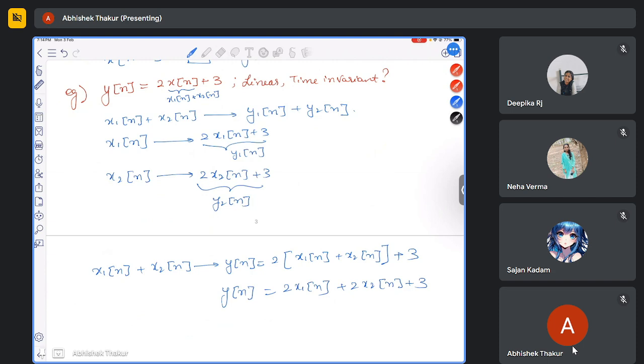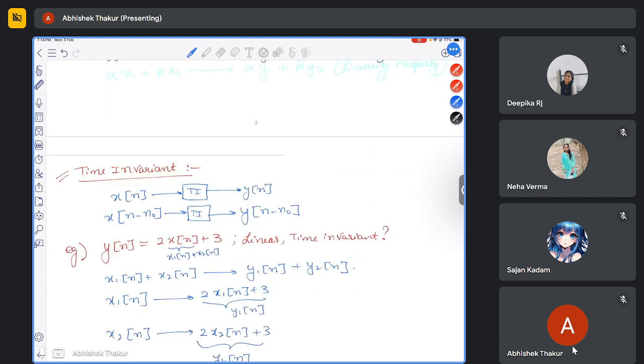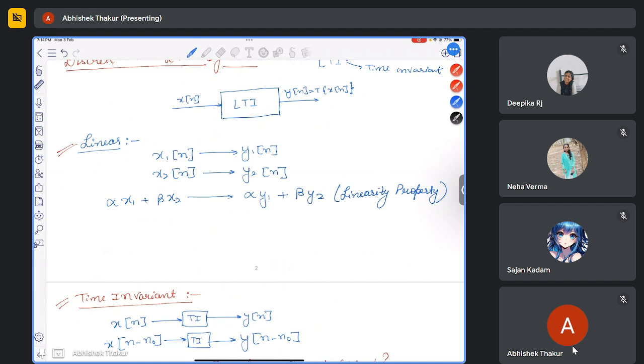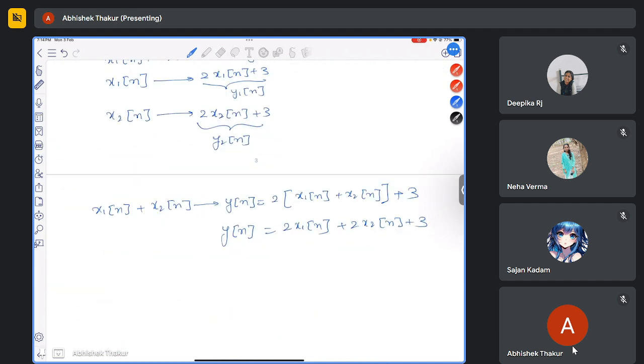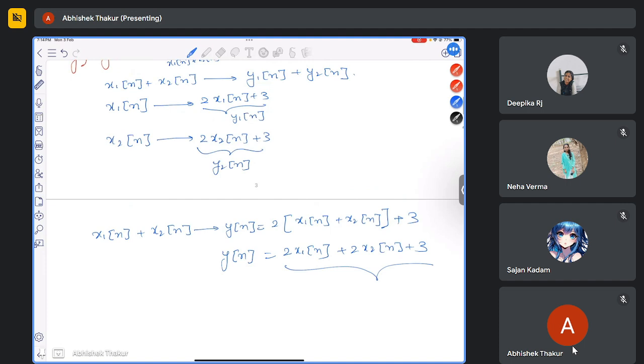Now this term is not equal to y1[n] plus y2[n], because that is 2 of x1[n] plus 3 plus 2 of x2[n] plus 3.